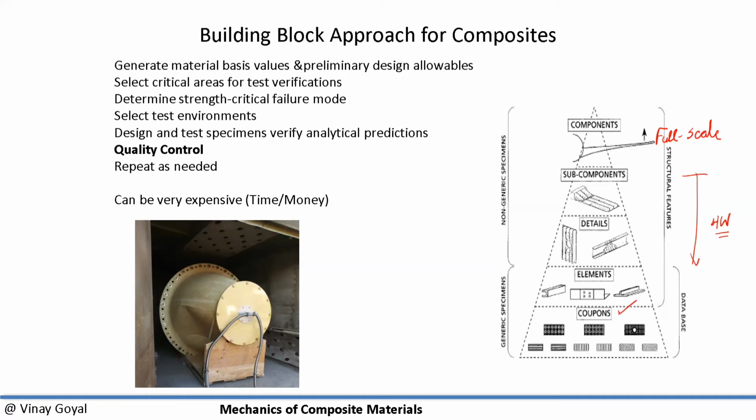You may have to design and test specimens to then verify analytical predictions. Also, testing is important because it helps you understand the quality control. And finally, you want to repeat this as needed because that's of great importance. And testing can be quite expensive, so you have to be balanced about how you go about this.